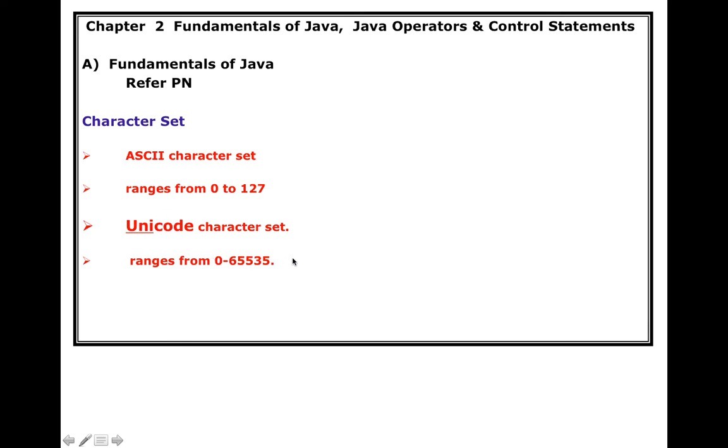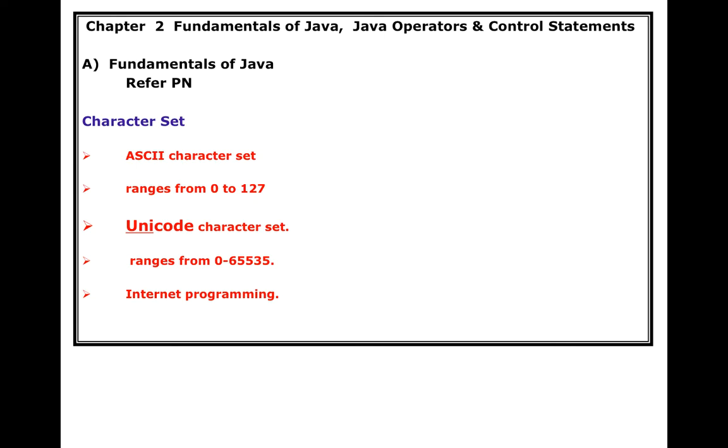So the answer lies in two words, and those two words are internet programming. Remember, Java is the language of the internet, and internet is spread all over the universe, I mean all over the world. So what happens is Java contains characters of not only English language, it also contains characters of all the prominent languages from all over the world.